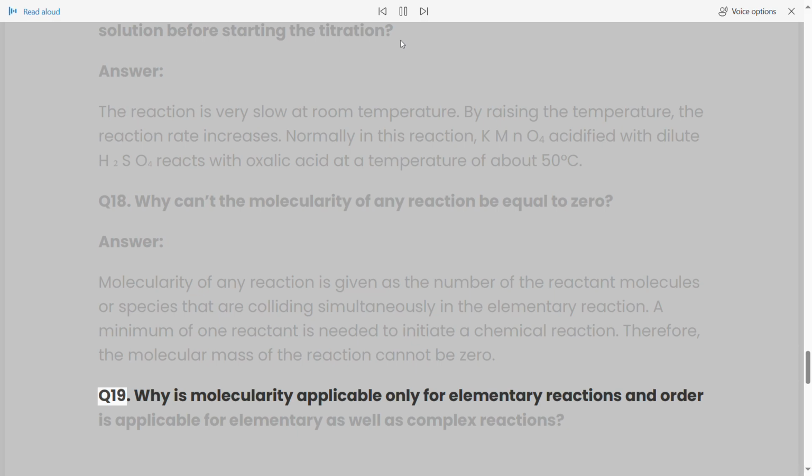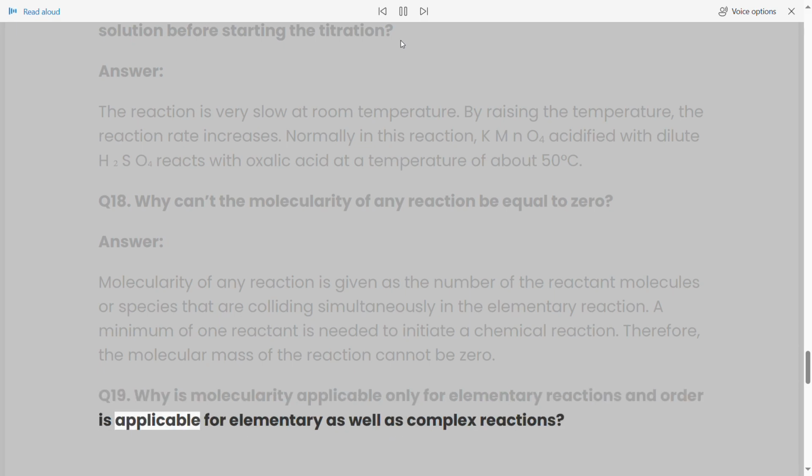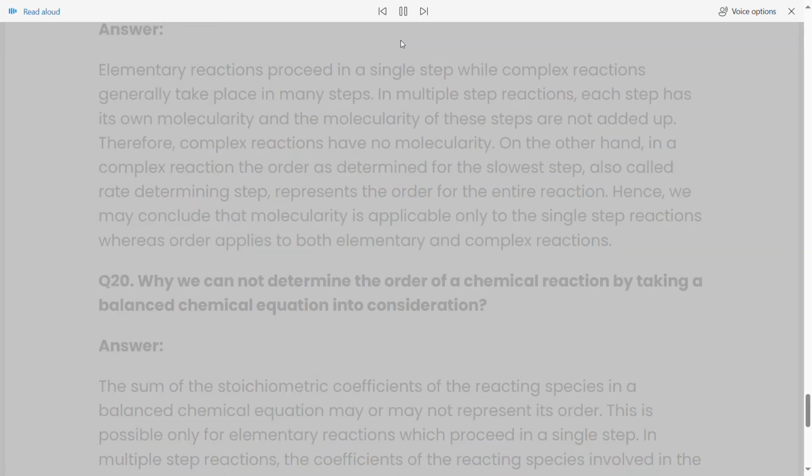Q19. Why is molecularity applicable only for elementary reactions and order is applicable for elementary as well as complex reactions? Answer. Elementary reactions proceed in a single step while complex reactions generally take place in many steps. In multiple step reactions, each step has its own molecularity and the molecularity of these steps are not added up.